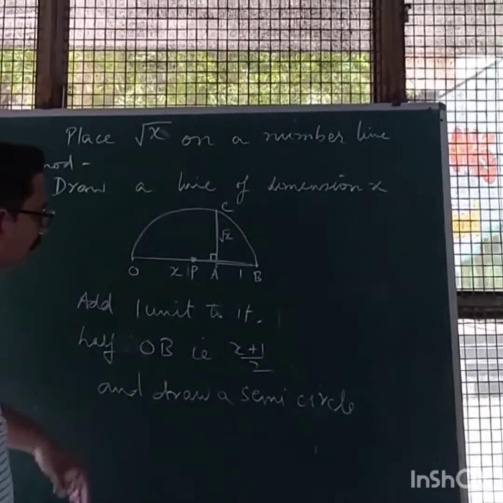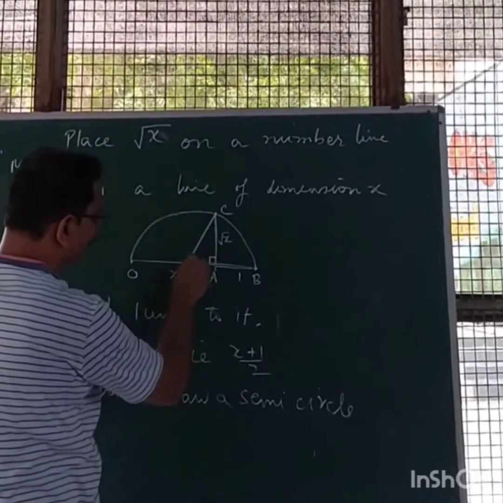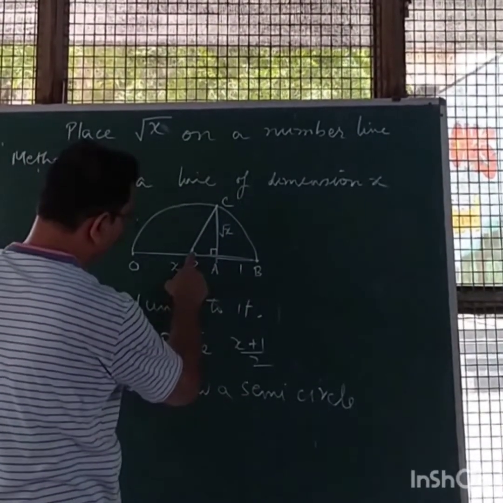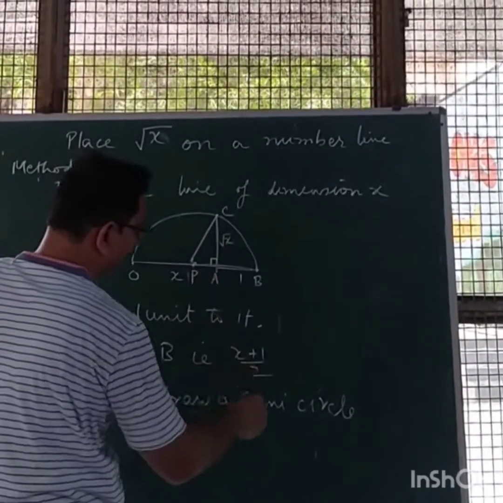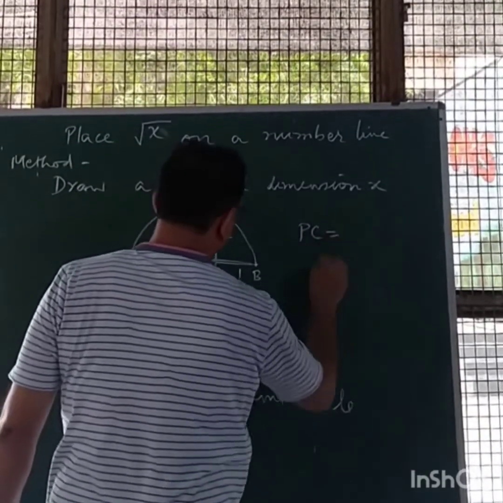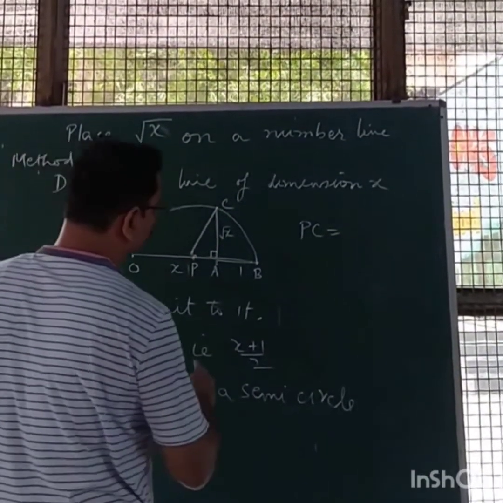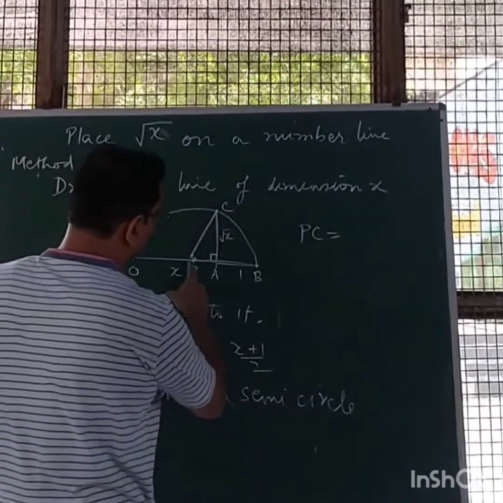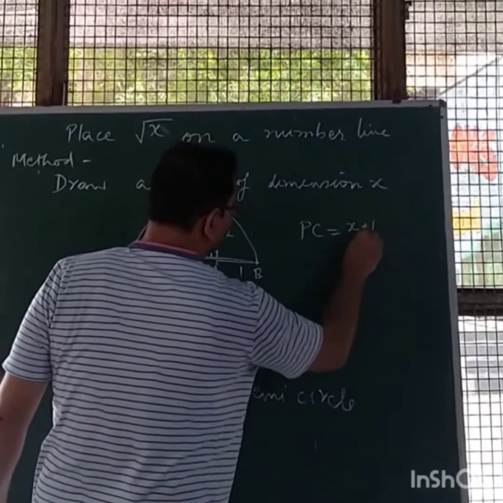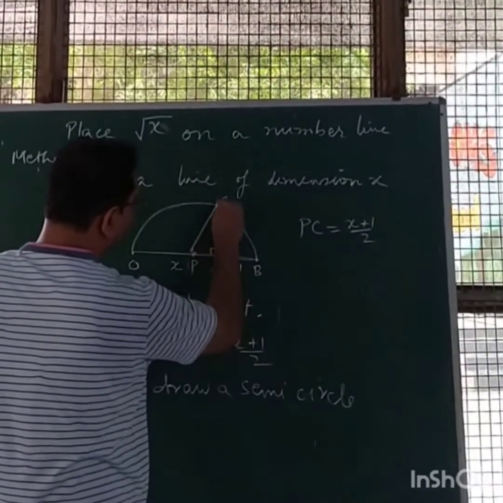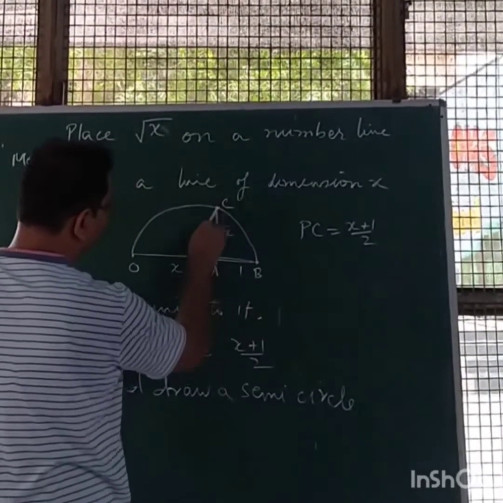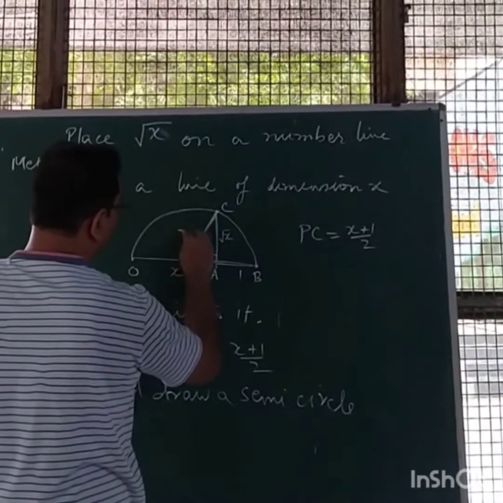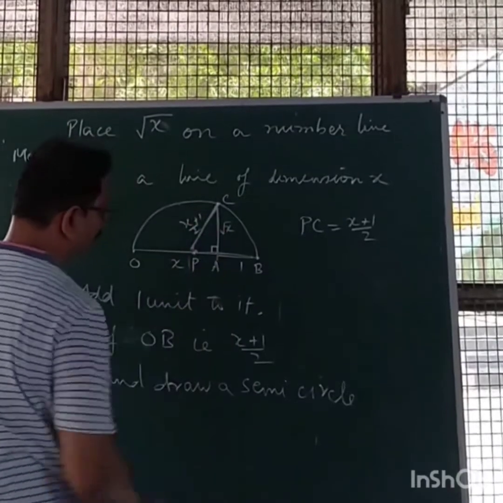How? We join this. The length PC is equal to x plus 1 by 2 because it is the radius. This is also the radius. So this is x plus 1 by 2.